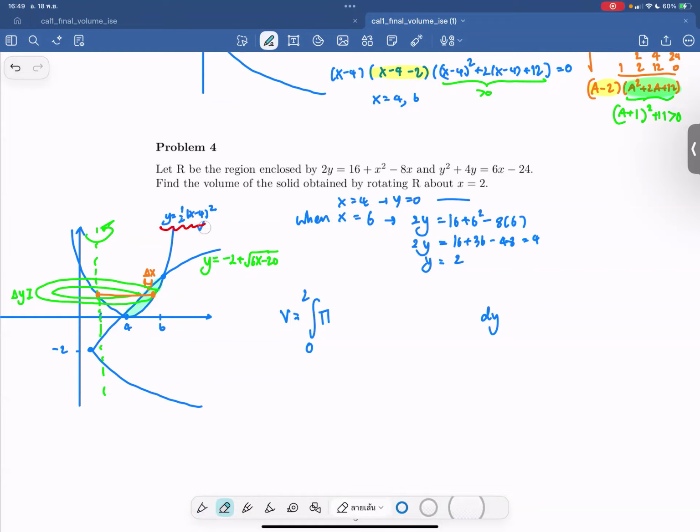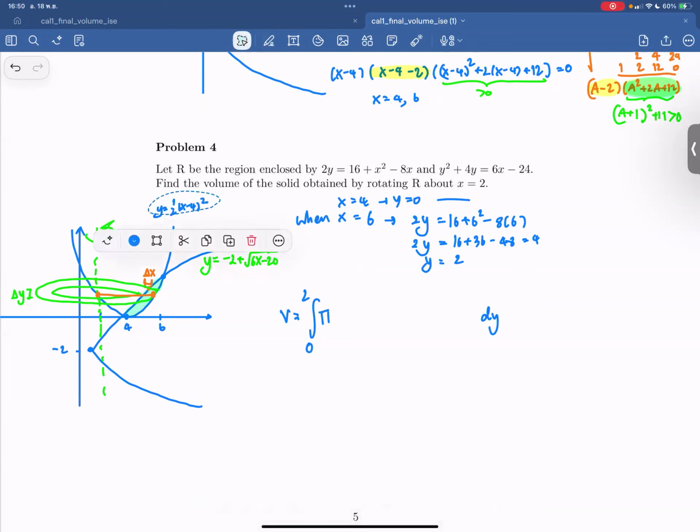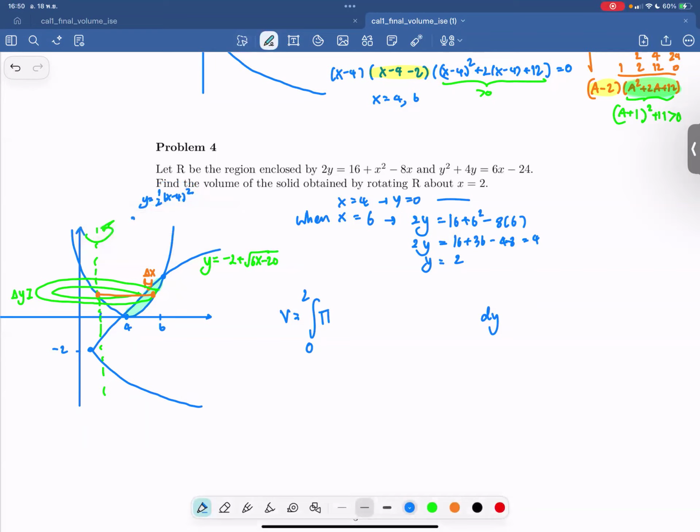So I may rewrite the formula of the parabola a little bit. 2y equal to x minus 4 squared, and then square root 2y equal to x minus 4.